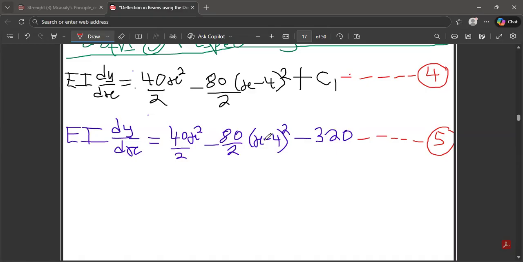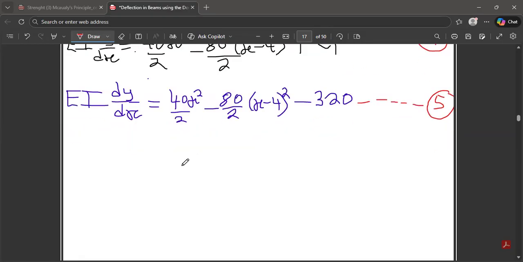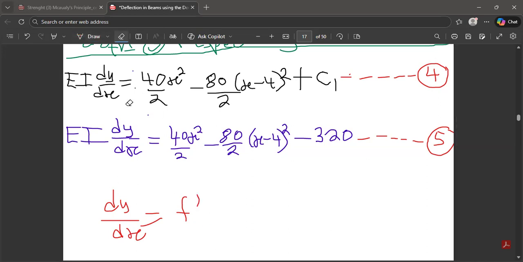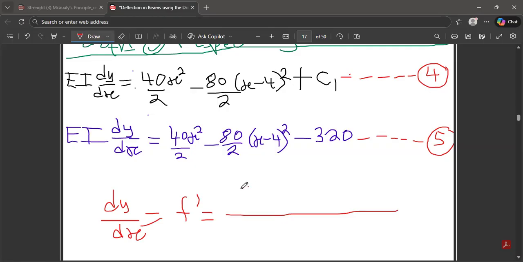All I'm trying to say is that dy/dx, from Newton's first principle, is the derivative of the function f of x, which is equivalent to f of (x plus h) minus f of x, all over h.